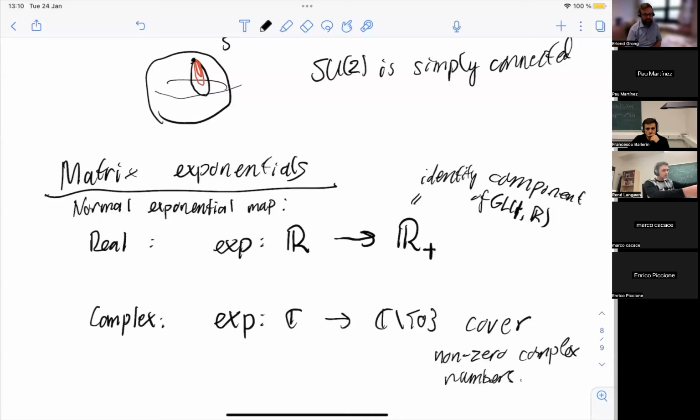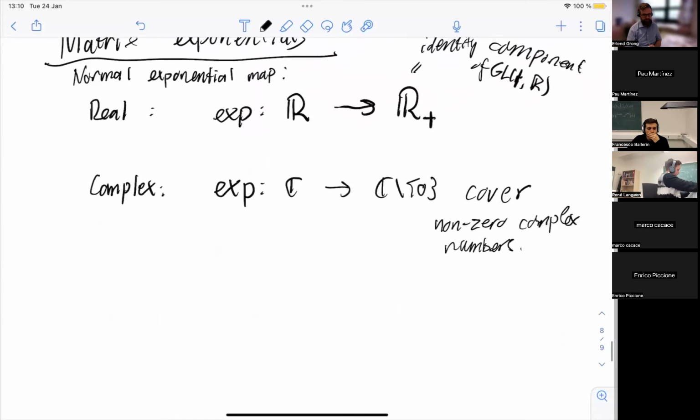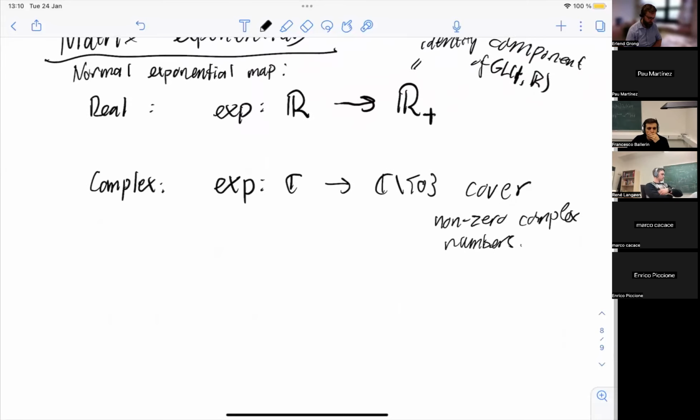So this is a bit interesting that we have this relationship, because we're going to see this being played out again when we look at general exponential matrices.